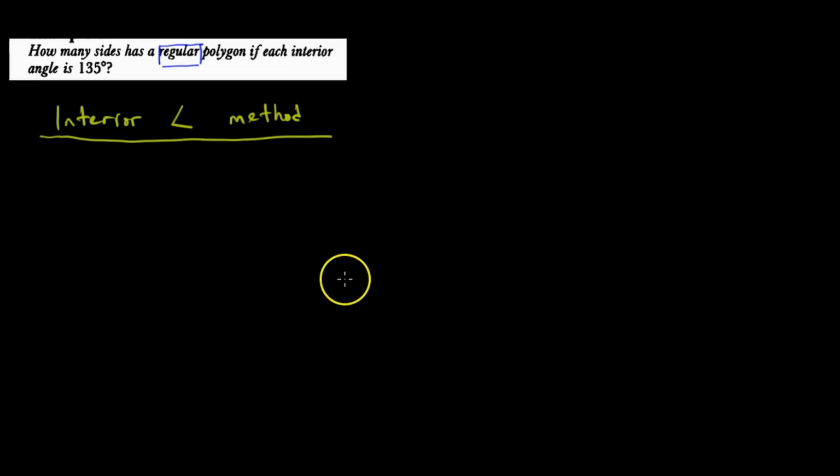So the interior angle method, toda kuziva the number of sides that a regular polygon has if each interior angle is 135 degrees. Let us start with this example, equilateral triangle. Okay, so this is the equilateral triangle.